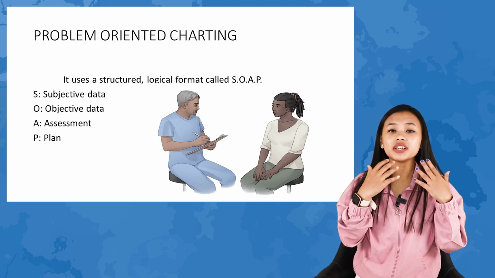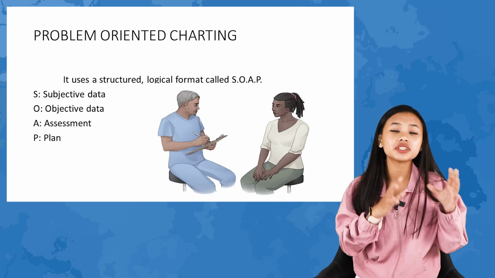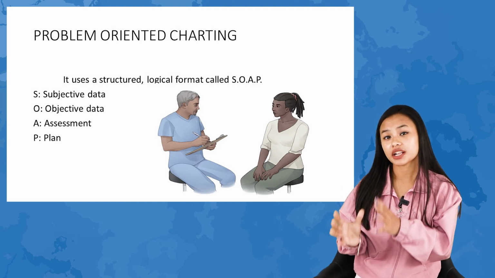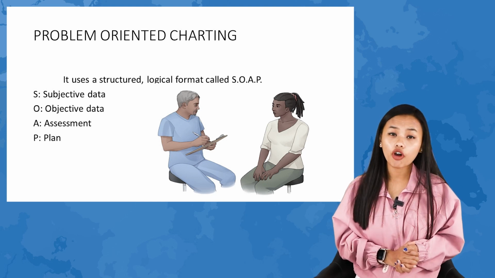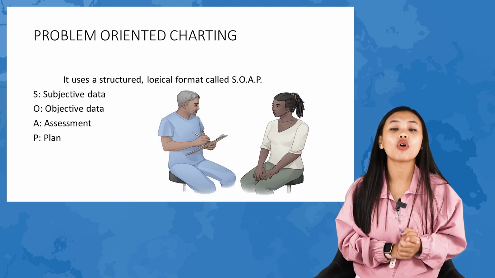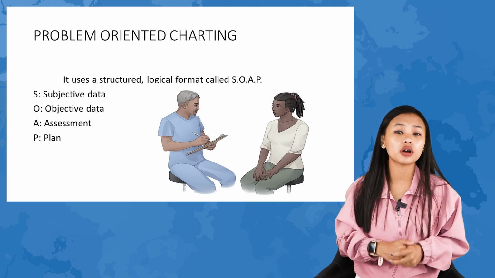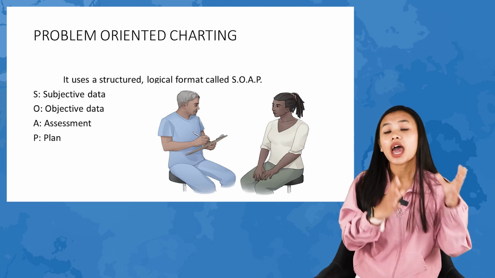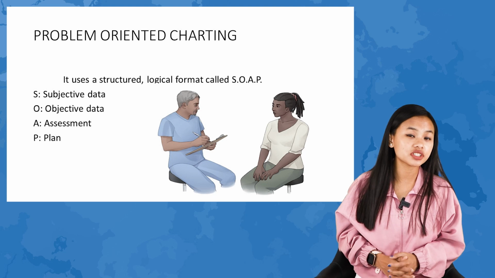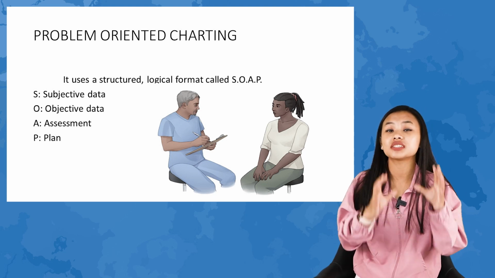So here you will be assessing the condition of the client, and usually in the assessment, after you've assessed the condition of the client, there will be a conclusion which can be stated in the form of the nursing diagnosis or the client's problem. So after you have collected the subjective data, validated it, assessed and formulated a nursing diagnosis for that particular client problem, the next thing you can do is start planning.